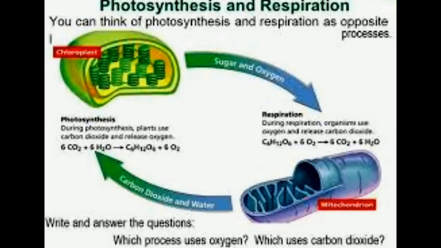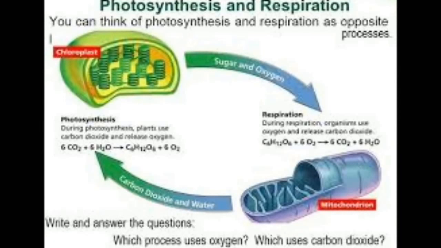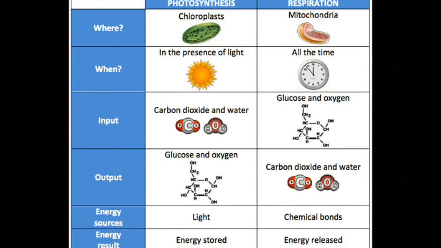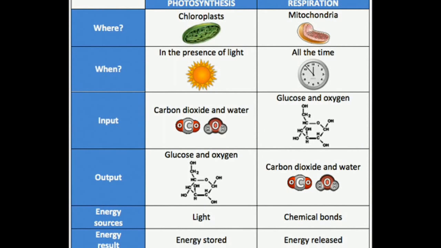So here, by observing the equations of photosynthesis and respiration, we can easily write the differences between them. Glucose is released in respiration, oxygen is produced in photosynthesis.